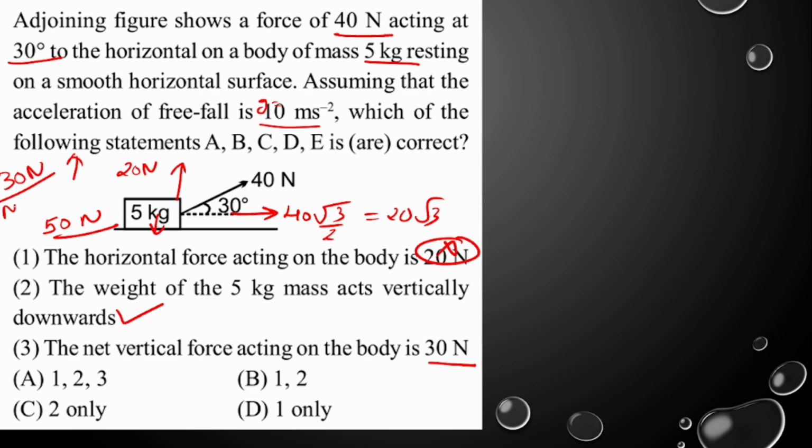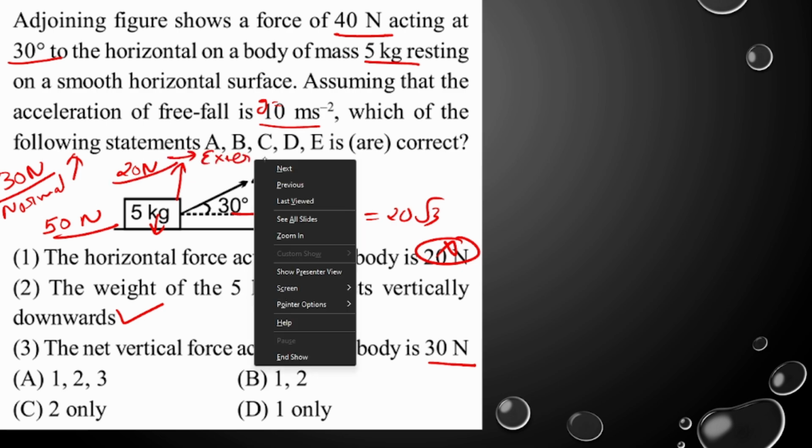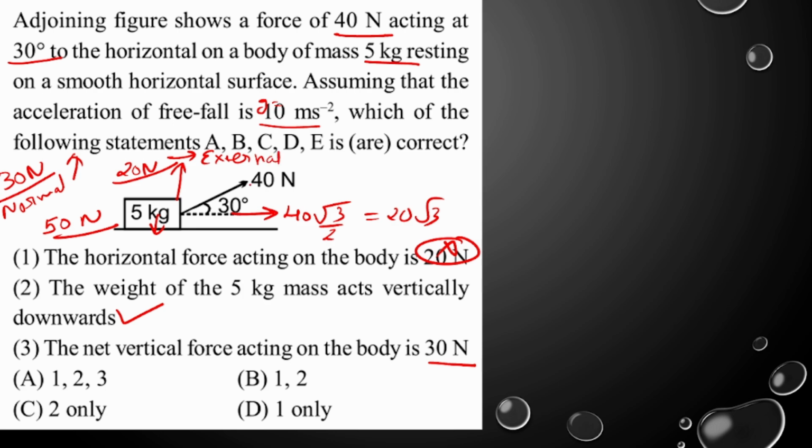This is normal, this is the external force applied by us, and this is weight. So the net vertical force acting on the body is not 30 Newton, but 0 Newton. So the answer is only option 2. Option 2 is the only correct option.